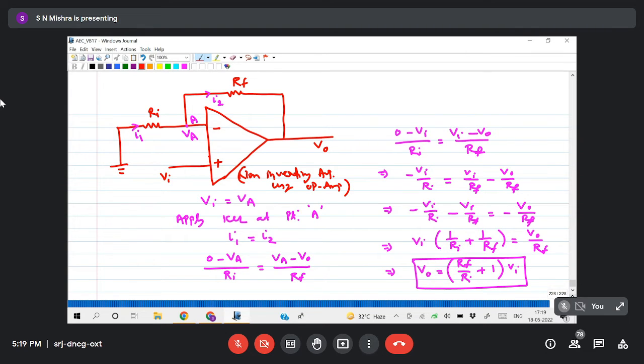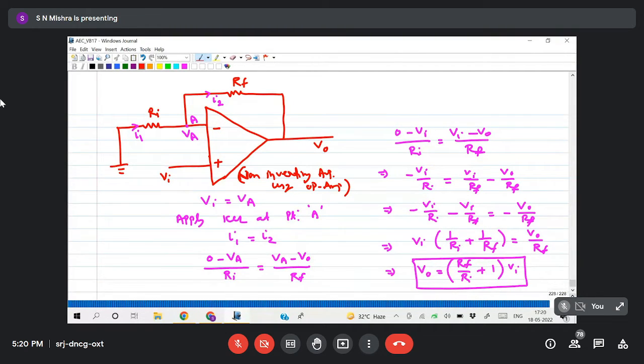I think you have done these things in the lab. Now, sometimes what is required is that the output and input voltage should be the same. Suppose I have a circuit where whatever input I give, I get the same output.